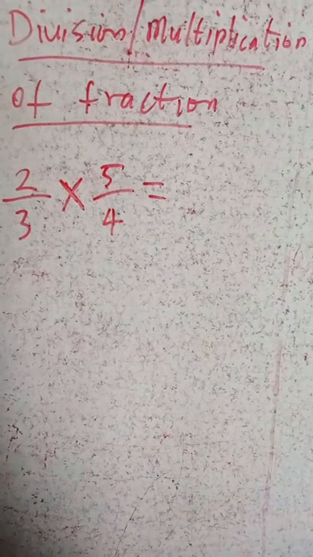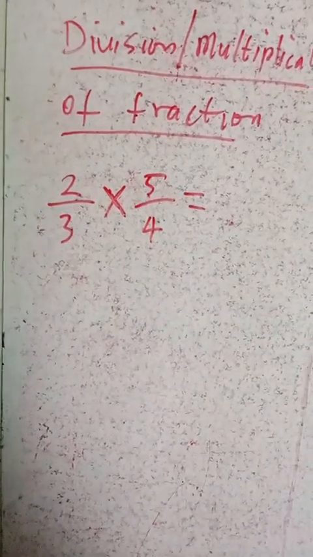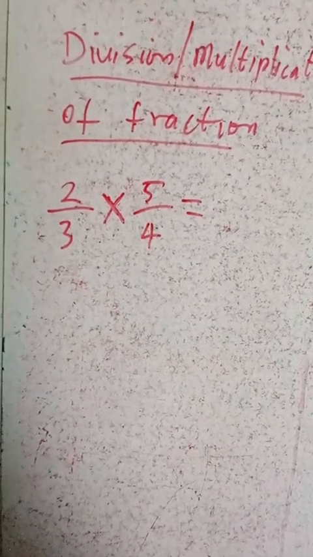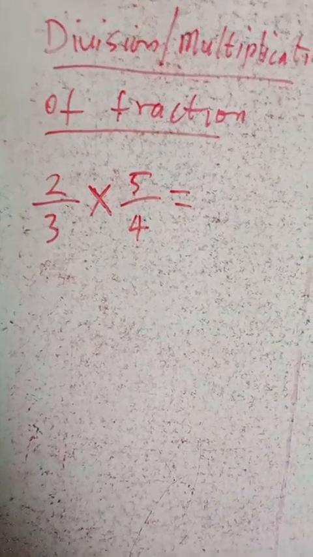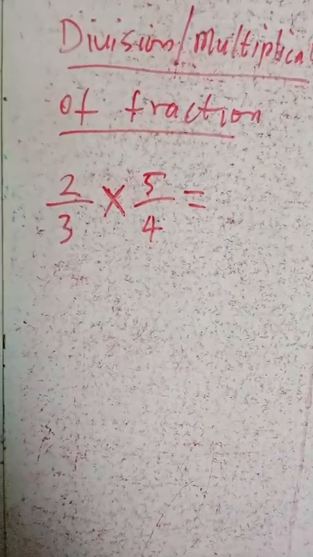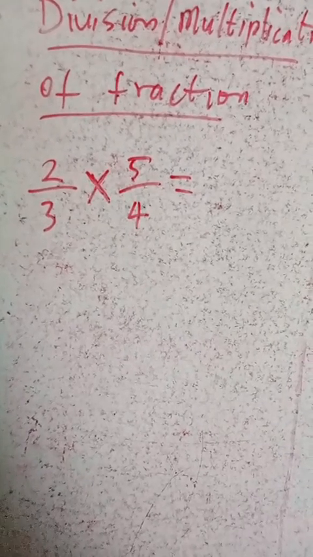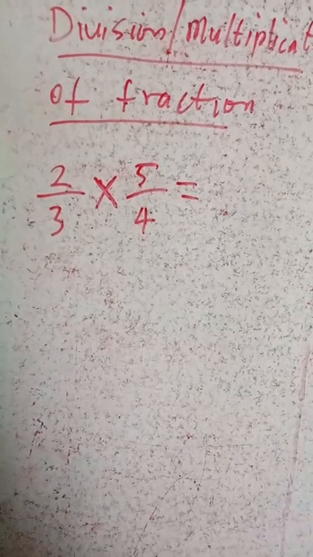But to make it easier, if the fractions have common factors, then you simplify. Let's see what we are going to do here. Ordinarily, let's solve it the way it is. Now 2 over 3 multiplying 5 over 4.